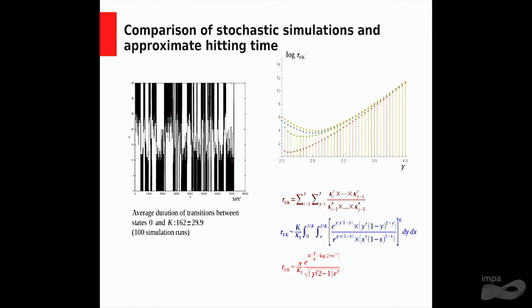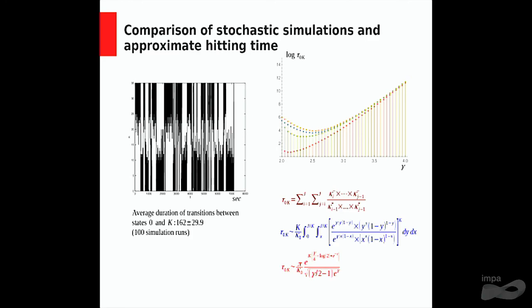We only rarely reach the extreme case where all the motors are pulling in one direction. So that explains why we have this increase here, and it can be removed easily if I just do not go from 0 to k, but from 0 to, let's say, the maximum of the stationary distribution on the other side.